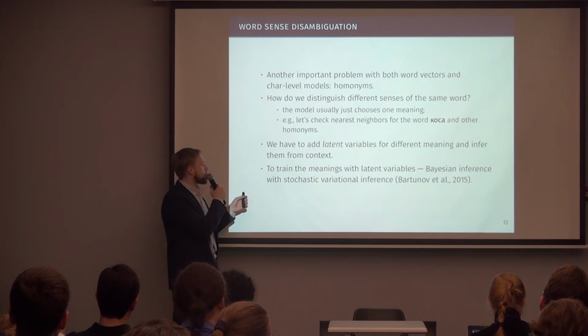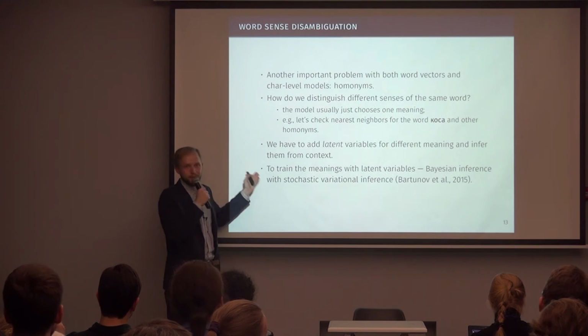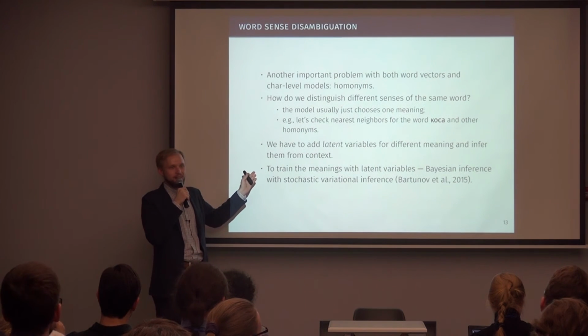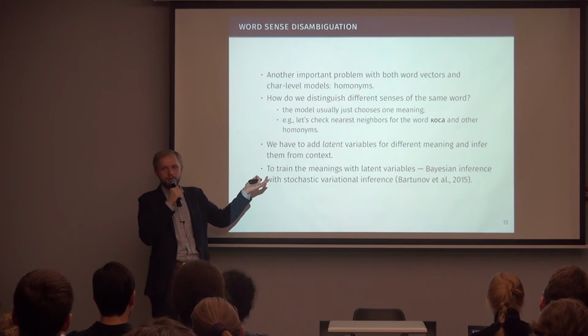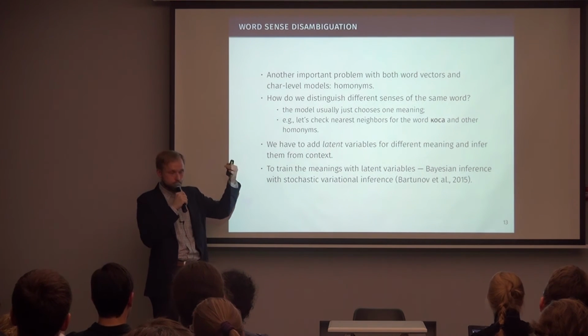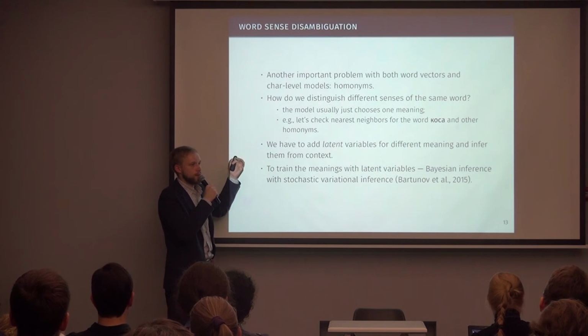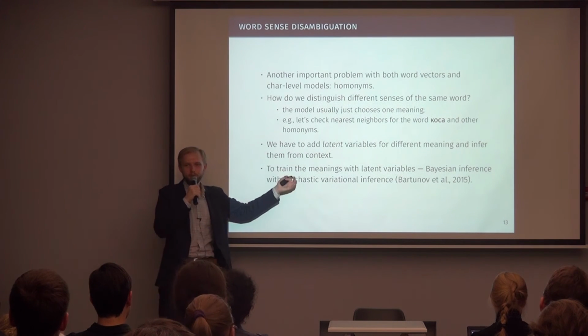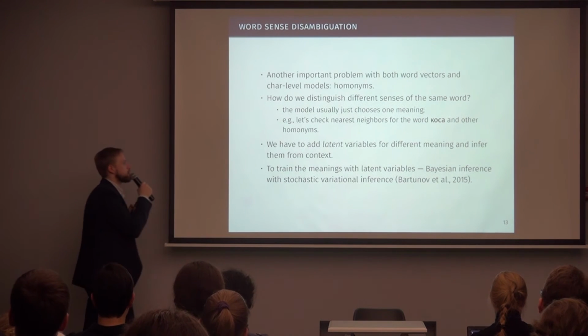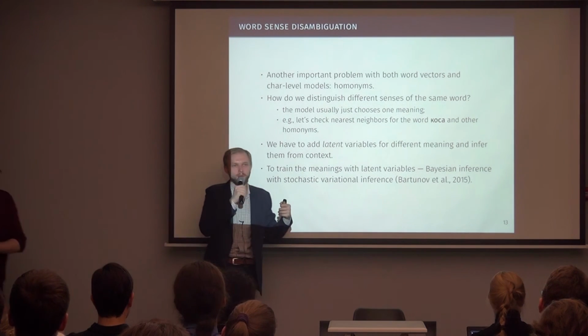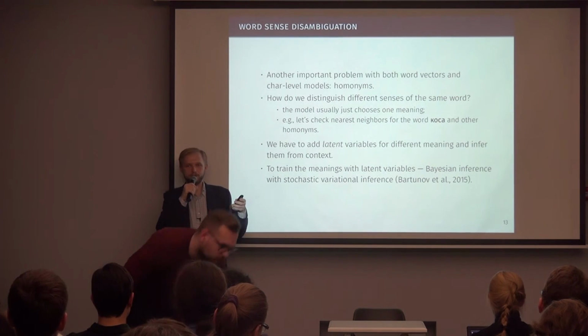So this is a big problem, actually. And the solution, obviously, would be to have several vectors for each word, to somehow have different meanings, and then to choose which vector to use from the context. But this makes the mathematics and the machine learning part much harder.